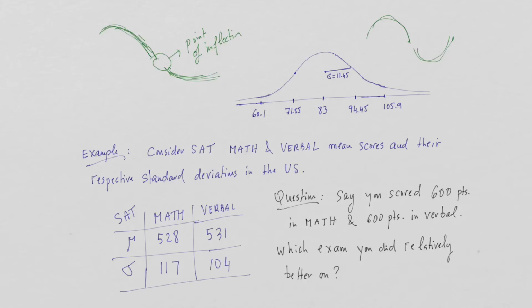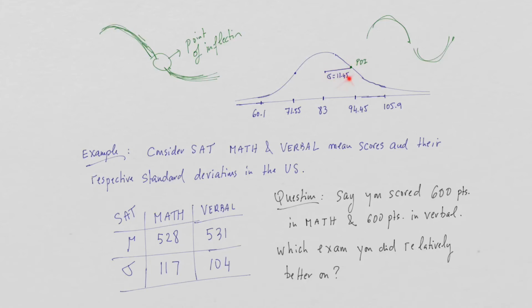Right here, it looks like I'm changing concavity, because in here I'm still steering right, then begin to steer left. Right there is called a point of inflection.